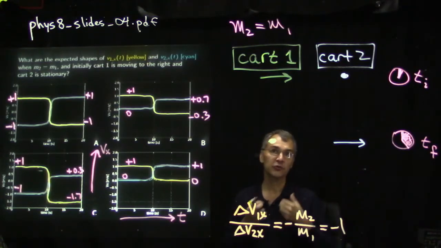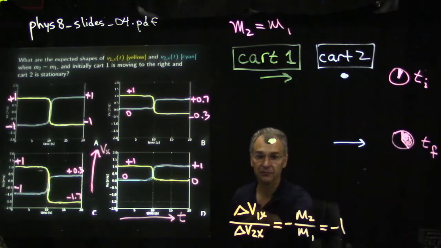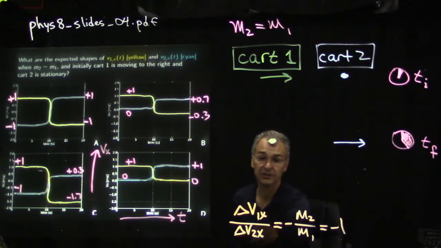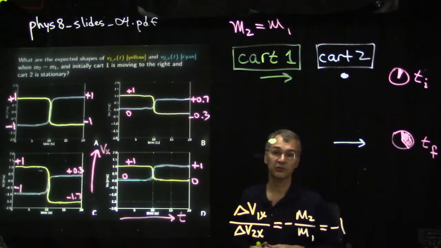So for two carts of equal mass colliding, we expect the change in velocity in the x direction for cart 1 to be the same magnitude but the opposite sign as the change in velocity in the x direction for cart 2. So delta v1x over delta v2x is minus m2 over m1, which is minus 1 if the two masses are the same.